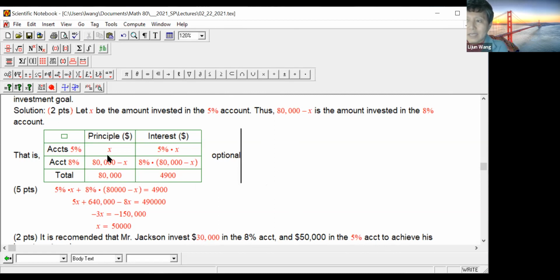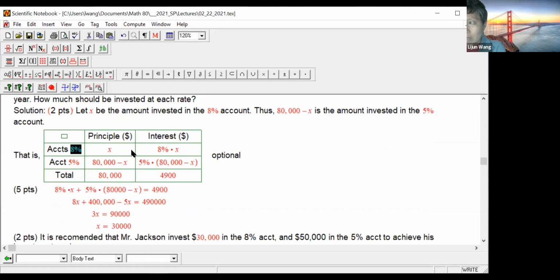The point is that if you assume X is the principal amount invested in the 5% account, then the interest earned will be 5% times X. If you assume X is the interest earned from the 8% account, 8% times X will be the interest amount. You guys follow me? So these are the consistencies I'm looking for.